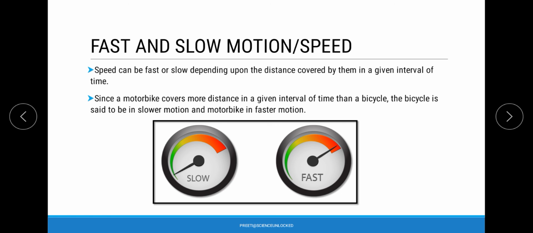The one moving faster covers larger distances in the same intervals of time, while the one moving slower covers smaller distances in the same interval of time. For example, a bicycle and an aeroplane. In the same intervals of time they travel different distances, so on that basis we say which object is faster and which is slower.